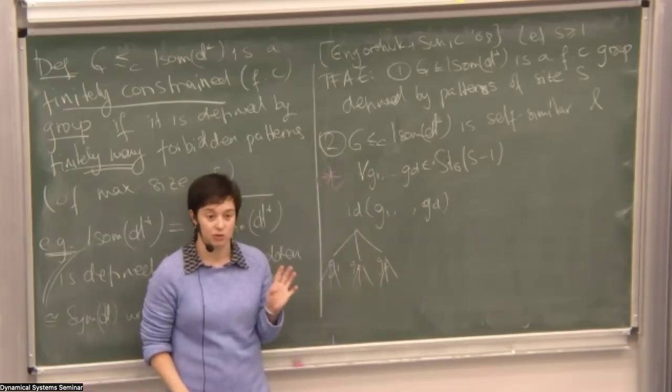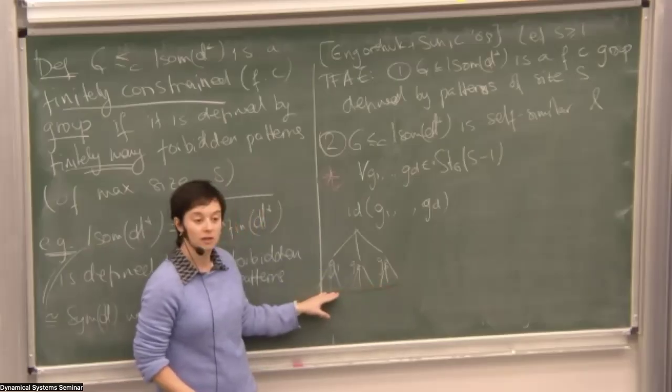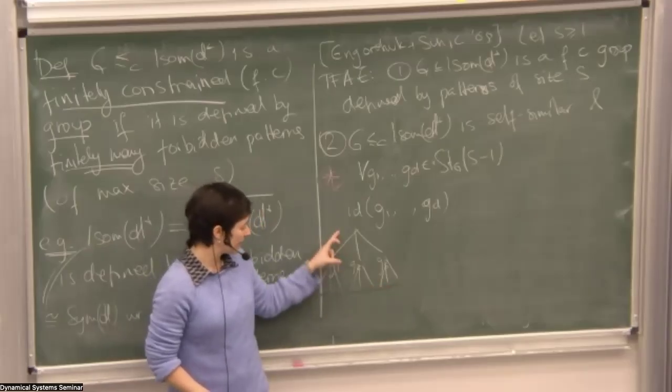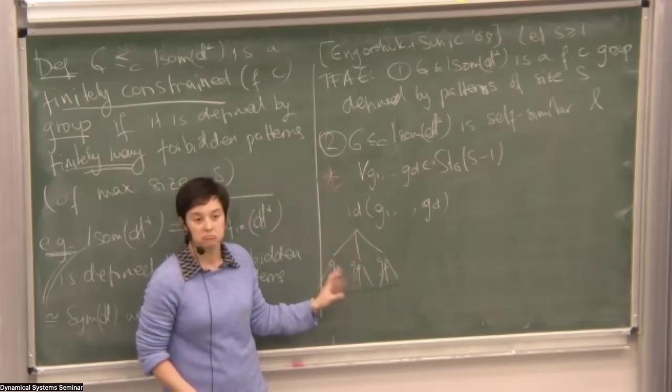That's a perfectly valid tree automorphism. And if g1, g2, g3 stabilize this level, then the whole thing will stabilize one level more, right? Level S instead of level S minus 1.